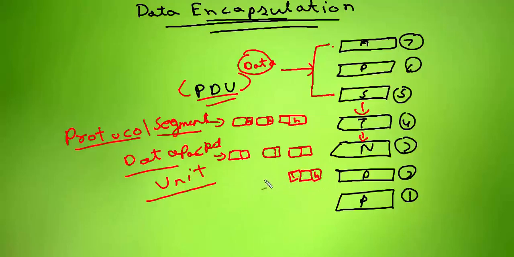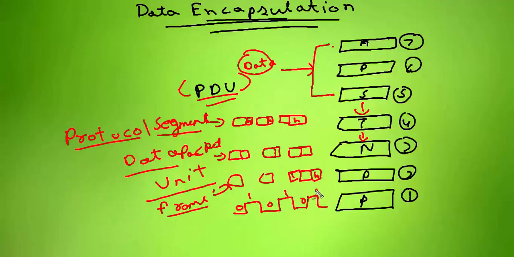The data link layer PDU is a frame. Now in the physical layer we have only bits and bytes, transmitted to the adjacent device as electronic signals.